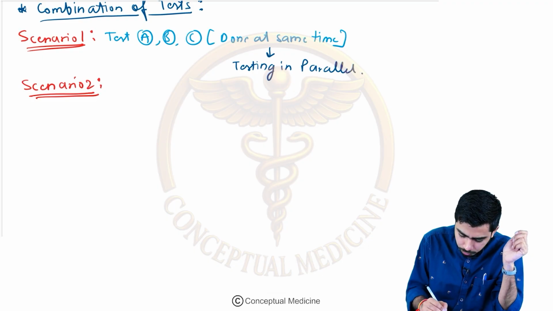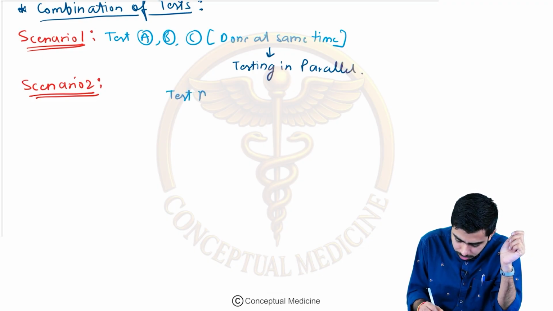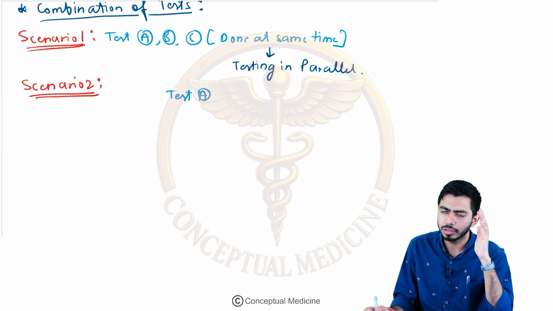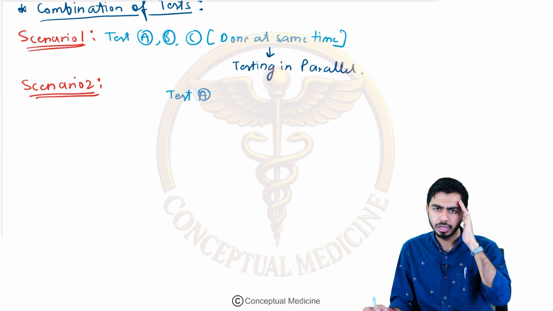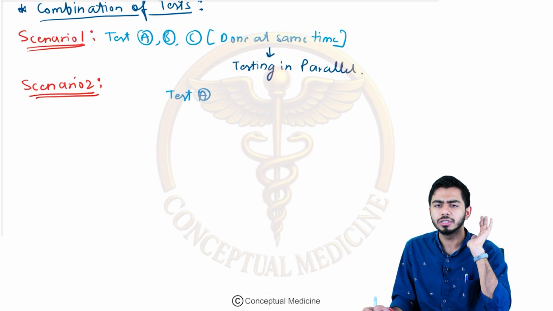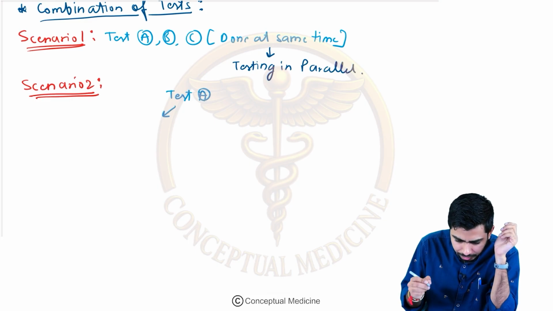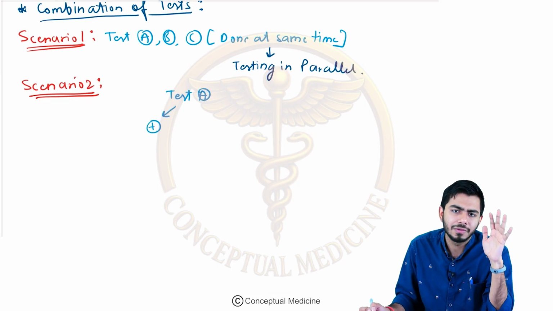in those scenarios, first of all, you run test A. You have a particular scheme in your mind, and with that scheme you run the tests in your patient. For example, you did test A, and you think, if test A is positive, I will have my diagnosis.